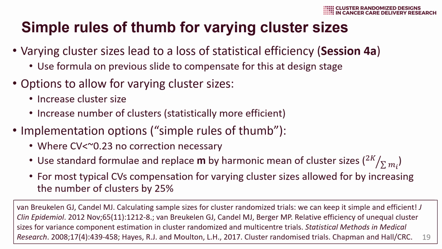So a simple rule of thumb is that for most typical coefficients of variation in cluster sizes, we can compensate for those variations by increasing the number of clusters by about 25%. So that's an alternative, non-technical way of inflating our sample size to allow for the loss of statistical efficiency that will arise when we have varying cluster sizes.